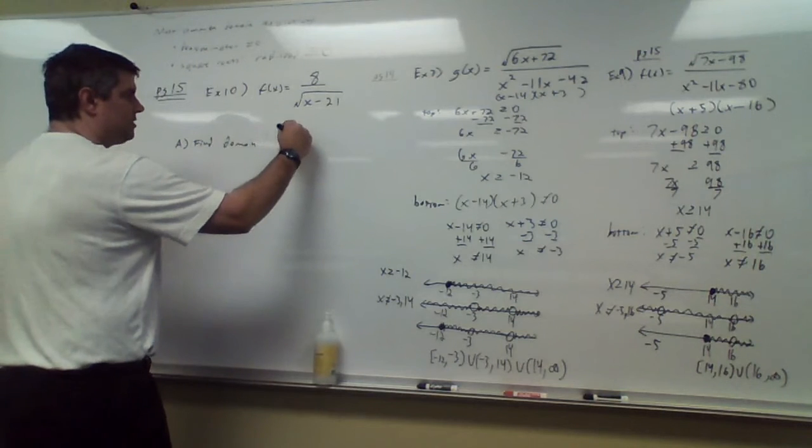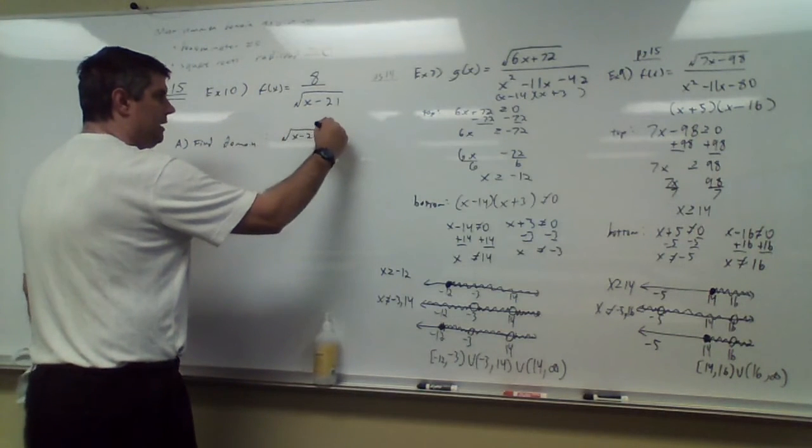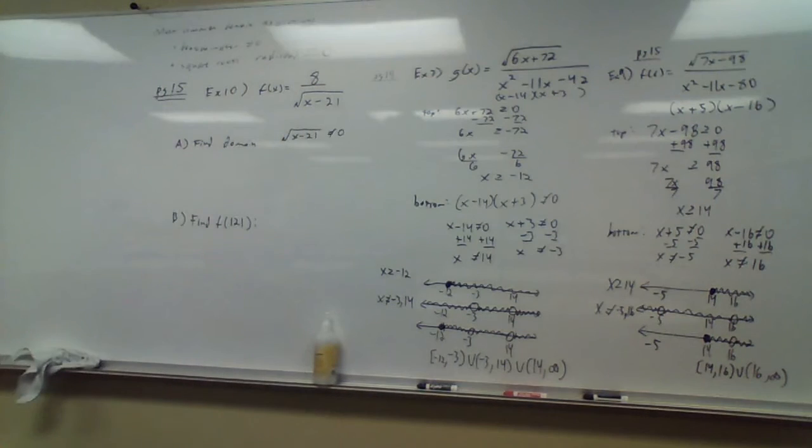So, the domain. The square root of x minus 21 cannot equal 0.